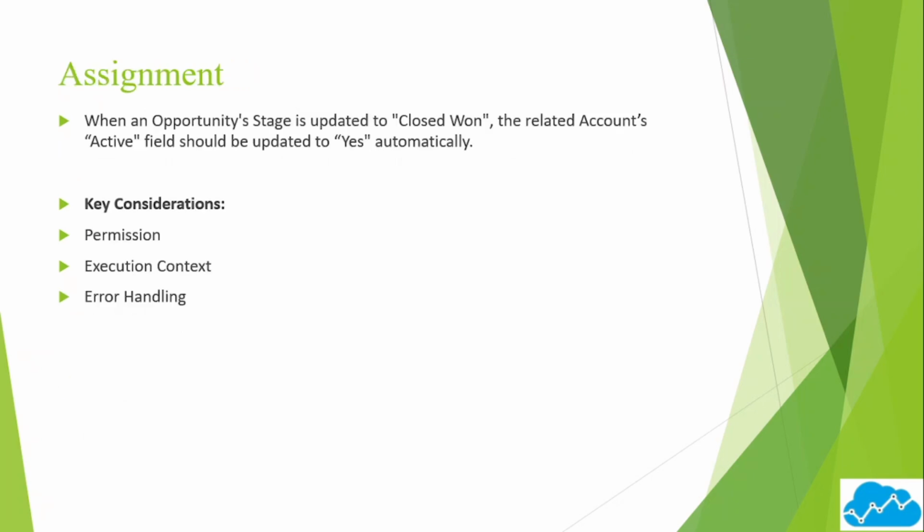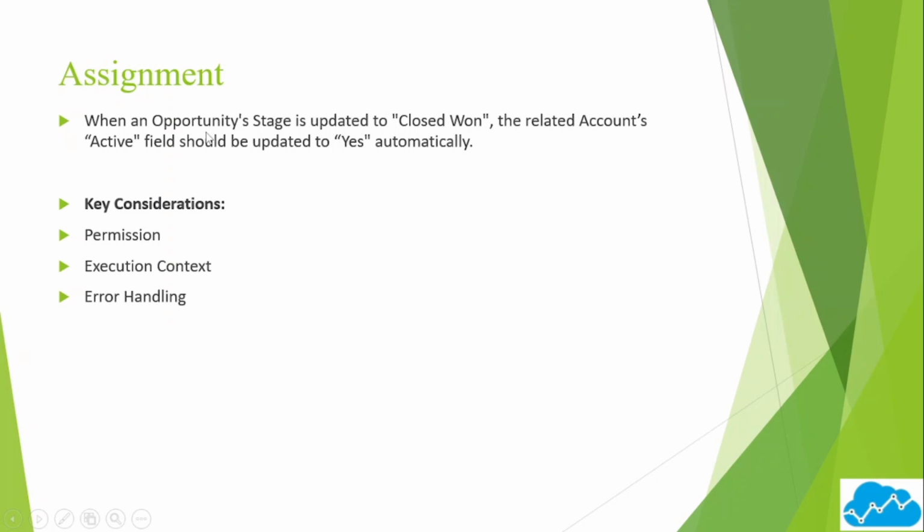So today's assignment is: when an opportunity's stage is updated to Closed Won, then the related account's active field should be updated to Yes. It is going to be done automatically when the opportunity stage is updated to Closed Won.